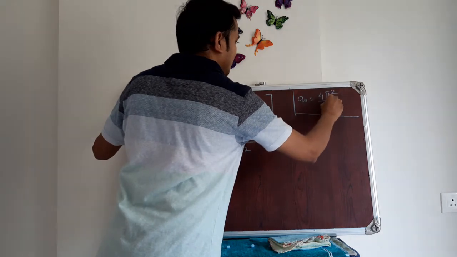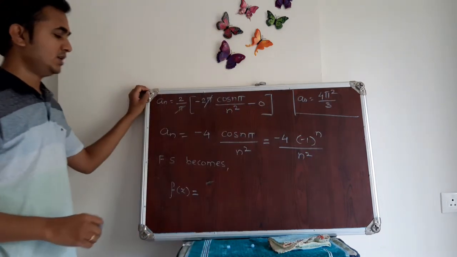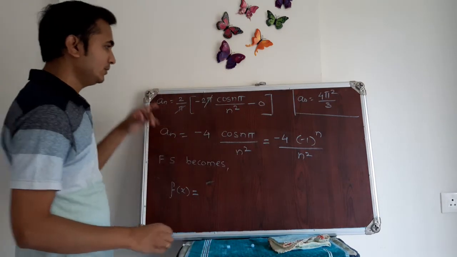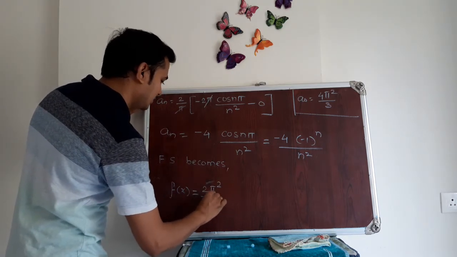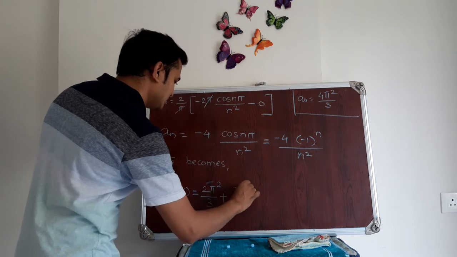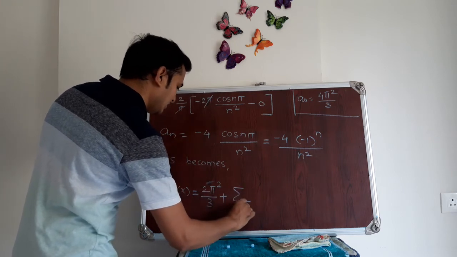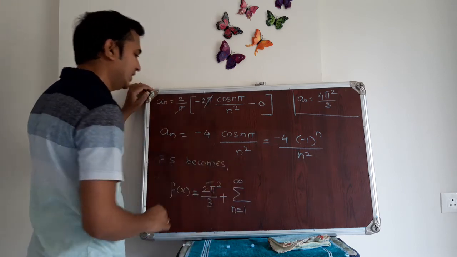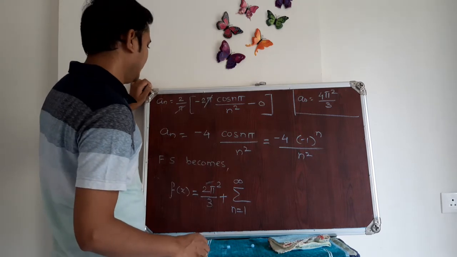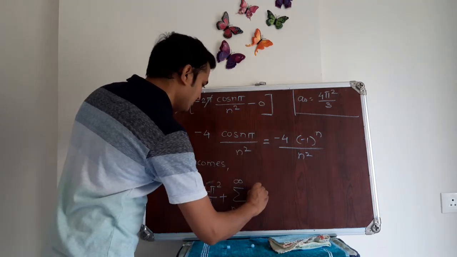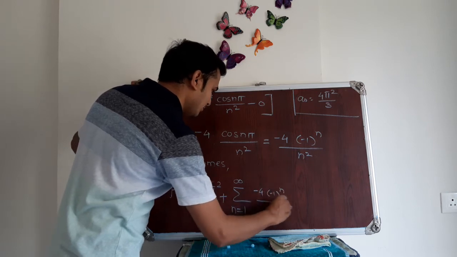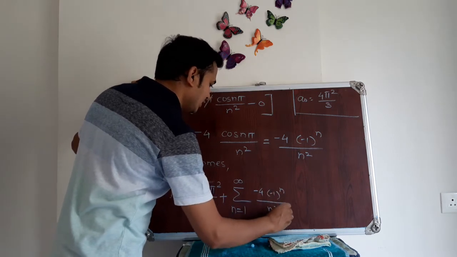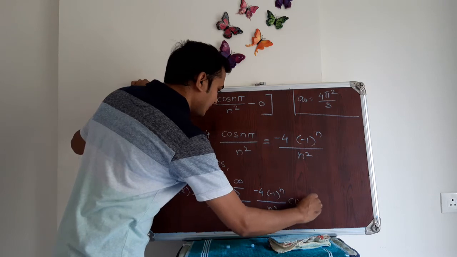Okay, so a naught by 2 becomes 2 pi square upon 3 plus summation n running from 1 to infinity an is minus 4 into minus 1 raised to n upon n square cos nx.